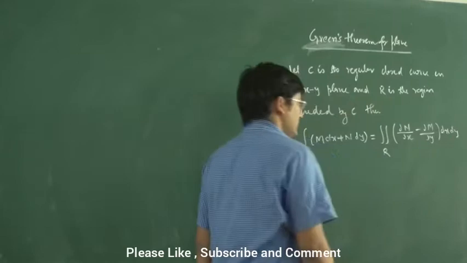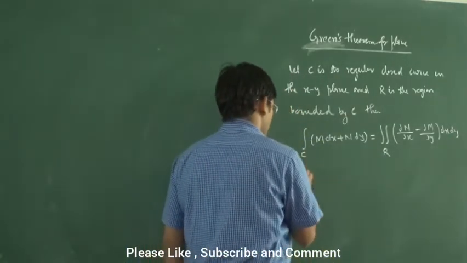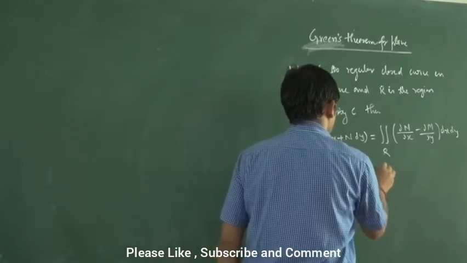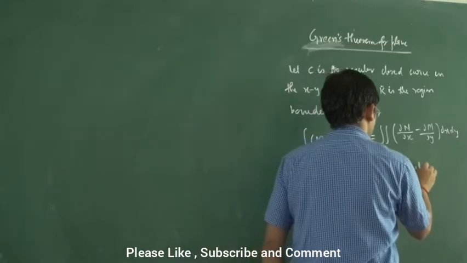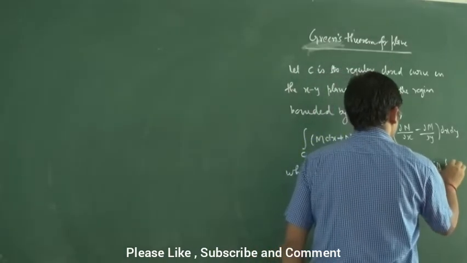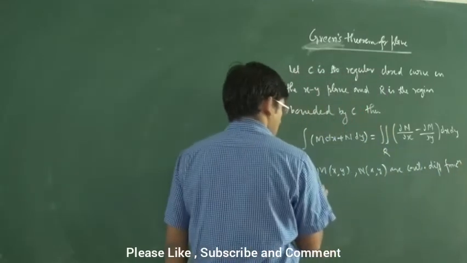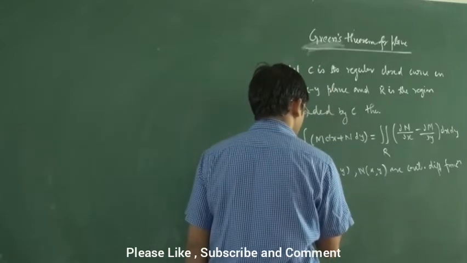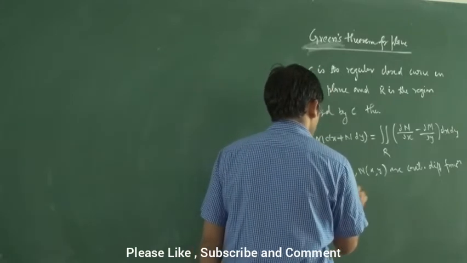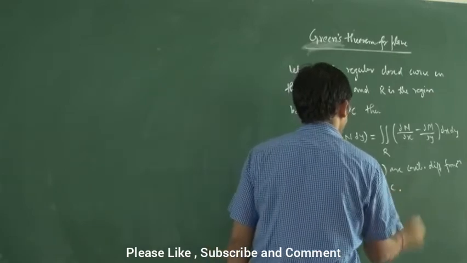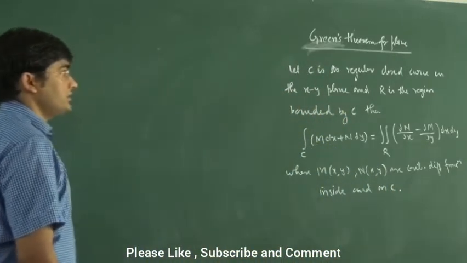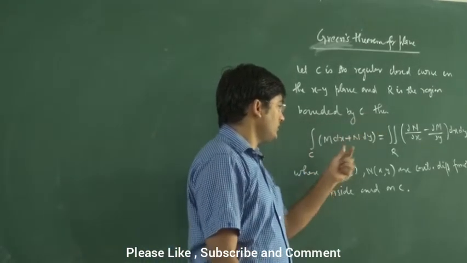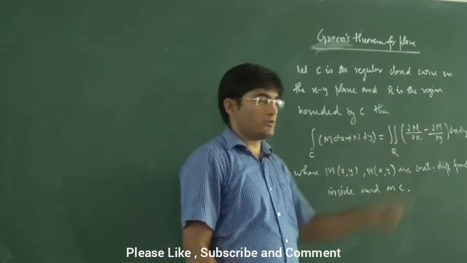So your line integral is equal to the surface integral, where M(x,y) and N(x,y) are continuous differentiable functions inside and on C. So this is your statement. If C is a regular closed curve in the xy plane and R is the region bounded by this closed curve C, then this line integral is equal to this surface integral.